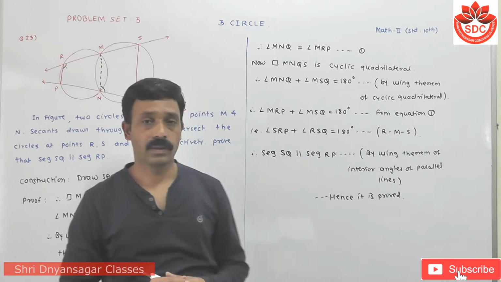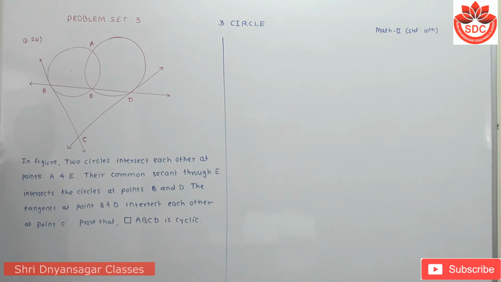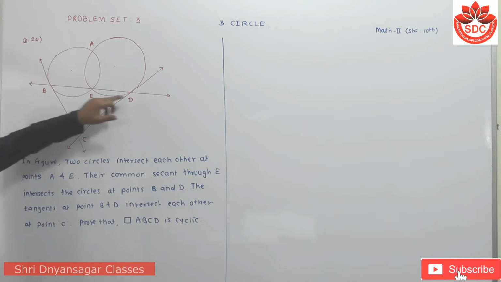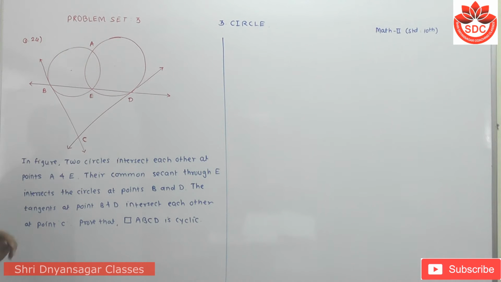So simple question. We take the next question. Now let's start question number 24. In this figure, two circles are intersecting at points A and E. This is the secant and these two are the tangents.